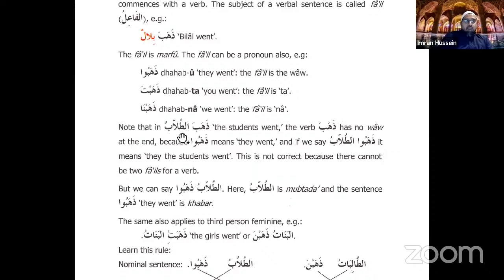Whenever a plural noun, at-tullabu, comes as a doer of a verb, so the word al-muslimuna or at-tullabu is going to be a doer of a verb, then you will bring the singular verb. So saying dhahabu at-tullabu is incorrect, because what's happening here now is that they went, the students.